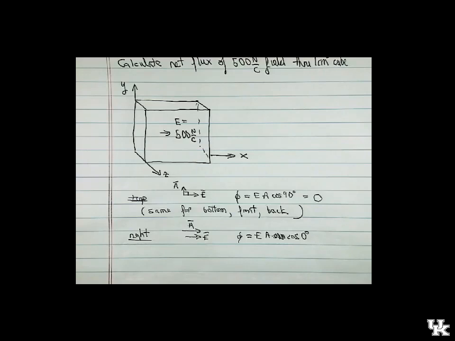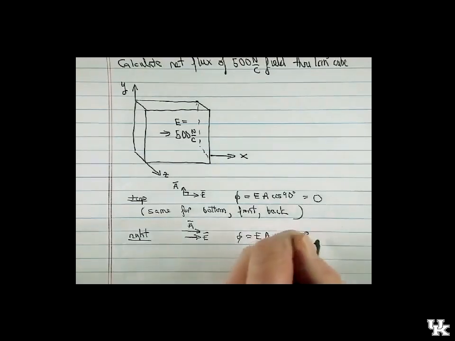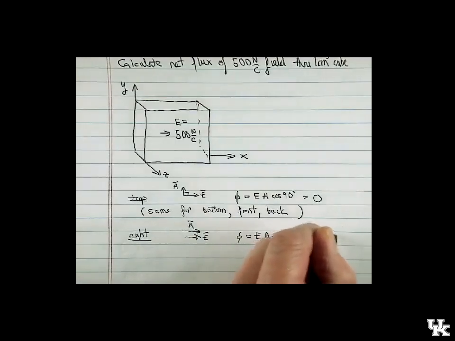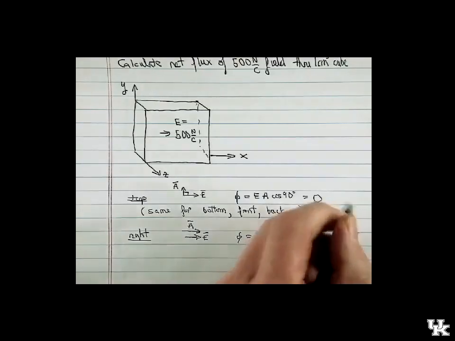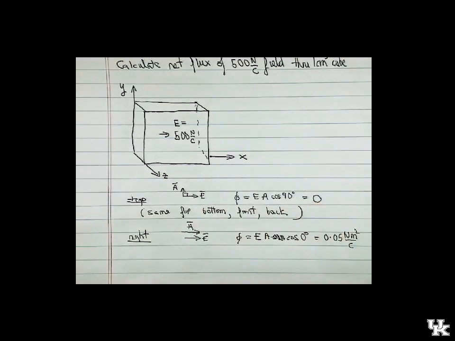In SI units, that's 0.01 meters times 0.01 meters, which is 10 to the minus 4 square meters. So 10 to the minus 4 times 500 newtons per coulomb comes out to be 0.05 newton meter squared per coulomb. And that's our electric flux through the right surface.